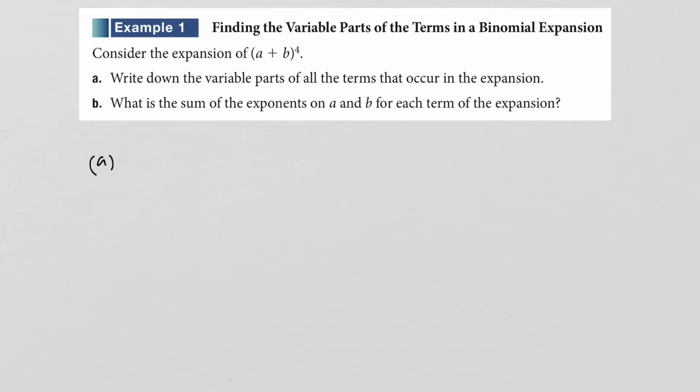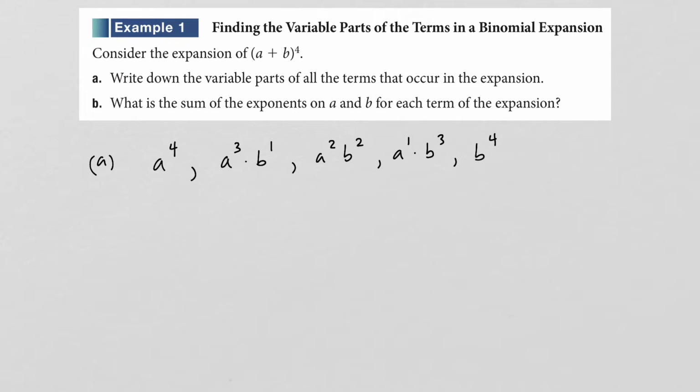So the first term of the expansion is going to have an a to the fourth. The next term is going to be a cubed times b to the 1, right? So the power of a decreased. And now we're bringing in the power of b, and notice that 3 plus 1 is 4. In the next term, we're going to have a squared times b squared, and then a to the 1 times b cubed, and finally, b to the fourth.